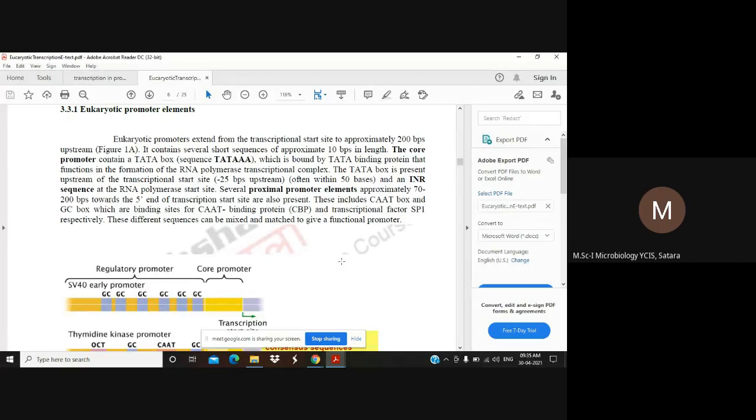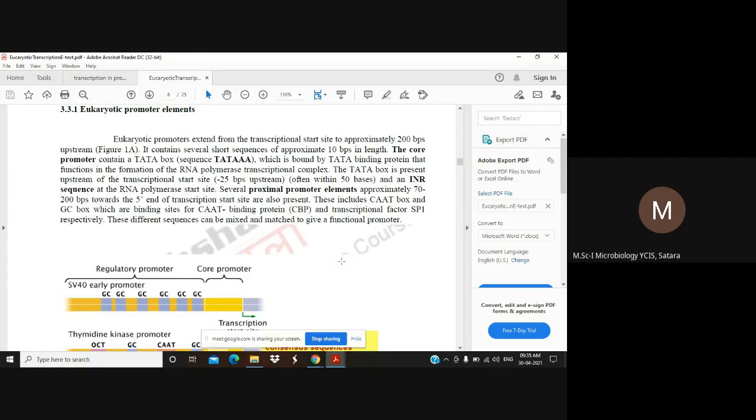It is on the left side as it is indicated by the negative sign. The promoter is within the 50 bases, and within that 50 bases there is the -25 base pair sequence.